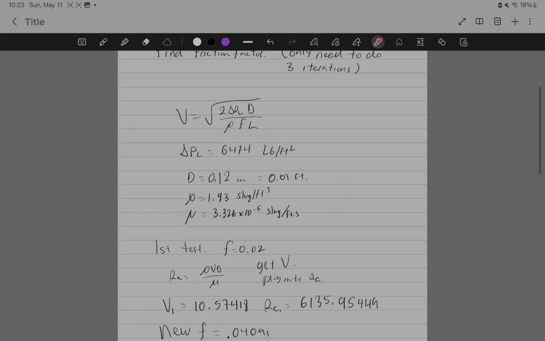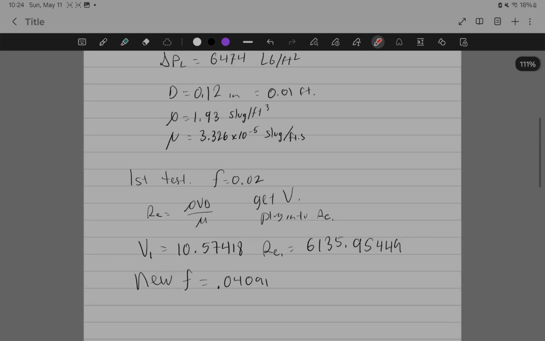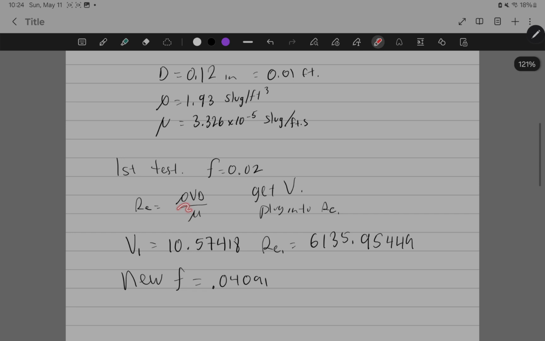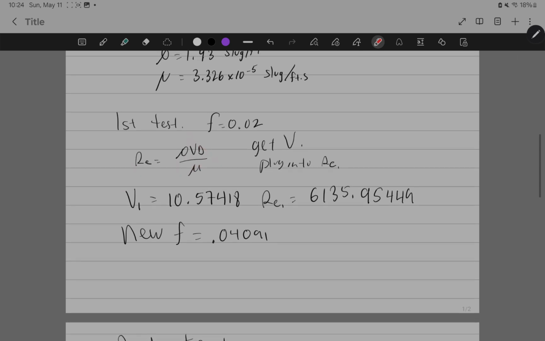What you can do with that velocity is get a Reynolds number, and that's extremely important because you find this Reynolds number, and then you can use this equation called the Colebrook equation.